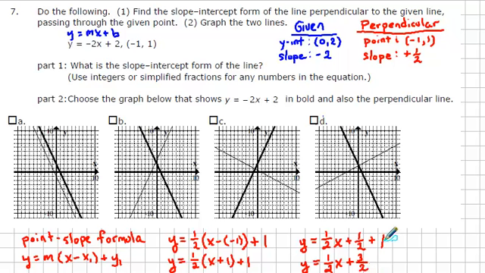Remember, 1 can be written as 2/2. So 1/2 plus 2/2 is equal to 3/2. So the slope-intercept form of the perpendicular line is y is equal to 1/2 x plus 3/2. This is our answer to part 1.